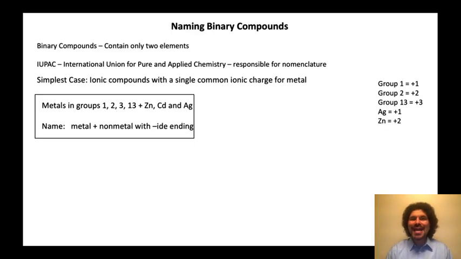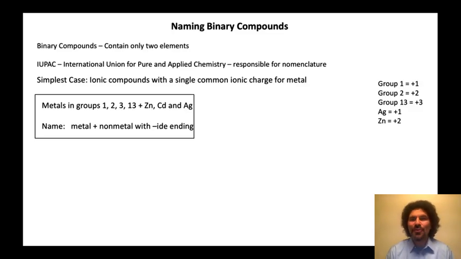So the simplest case for an inorganic compound are ionic compounds, formed from a metal plus a nonmetal, in which the metal has just a single common ionic charge. Okay, so that's going to be the metals in groups 1, 2, 3, and 13.